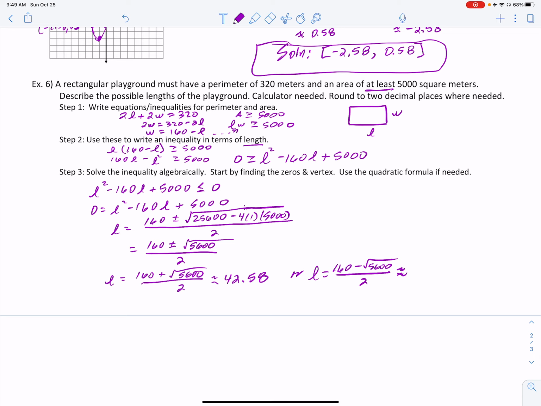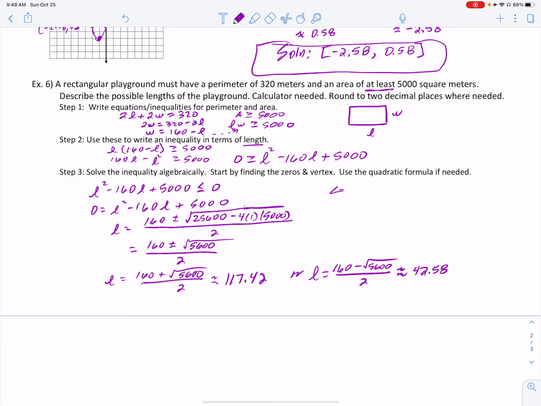I think I did that opposite. This subtraction is the 42.58. And the addition, I was just copying values, sorry, 117.42. So those are my key numbers.